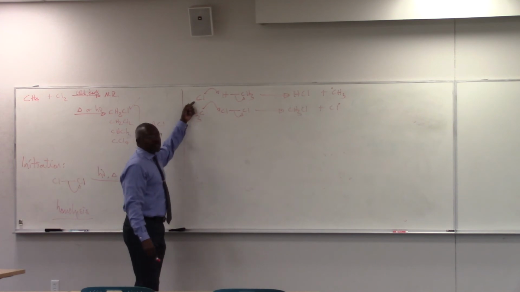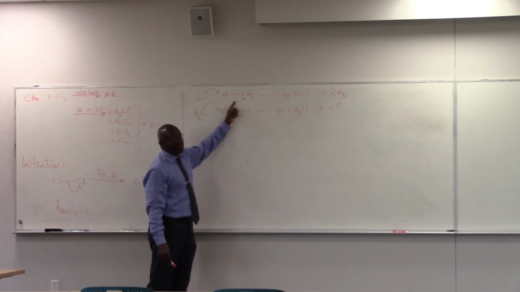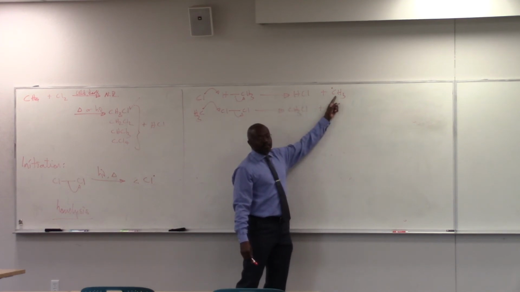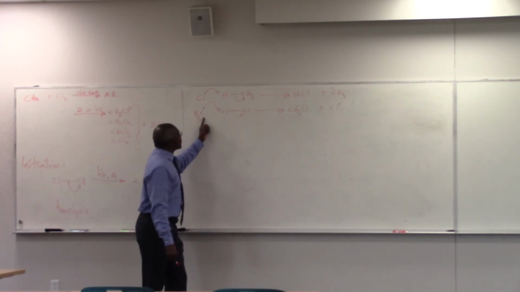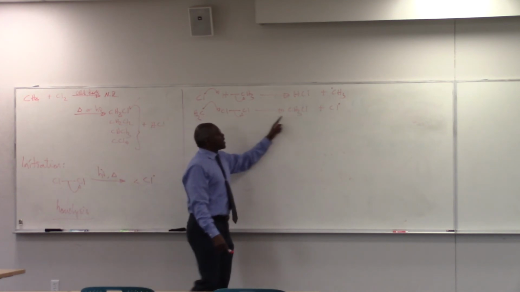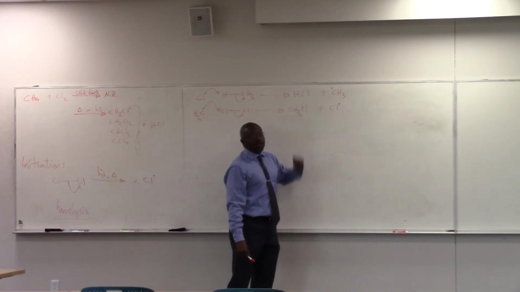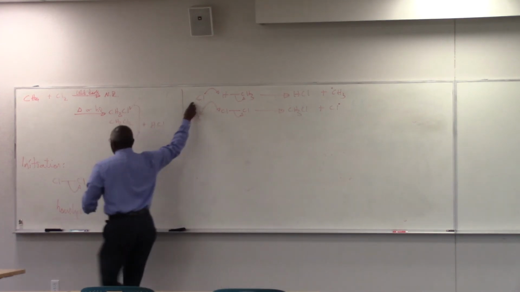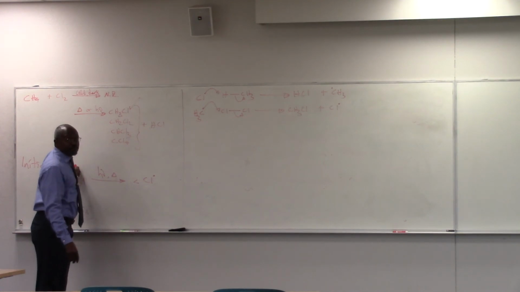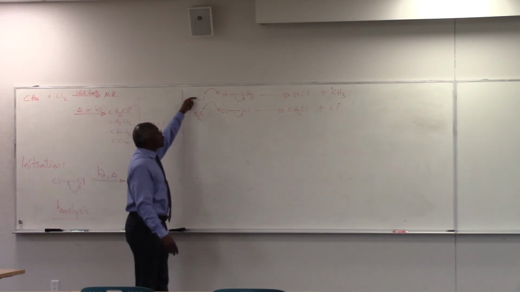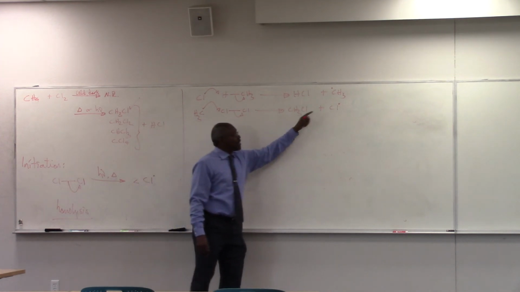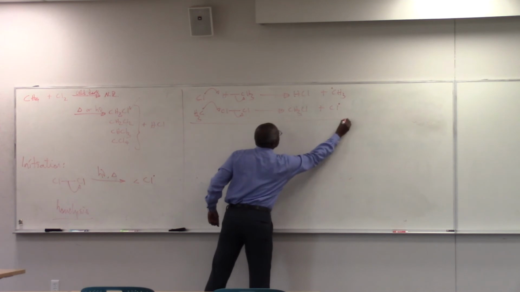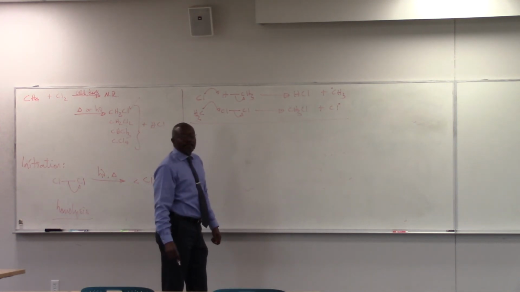So the chlorine radical attacks the organic to give HCl and the alkyl radical. The alkyl radical attacks chlorine to give the substituted organic and Cl dot. Now remember, this Cl dot came from initiation. I consume one Cl dot and I generate another. So in fact, if I were to sum these two steps, what would I get?